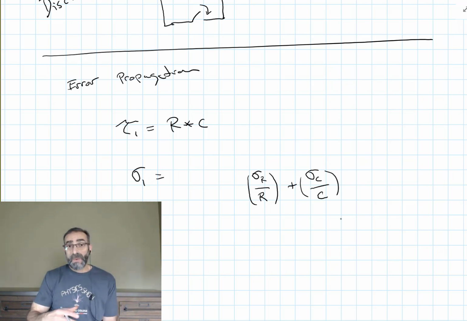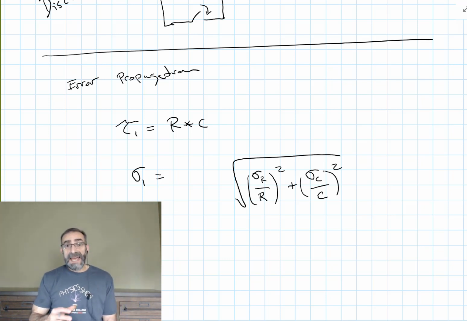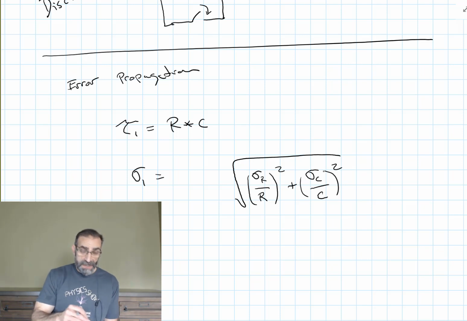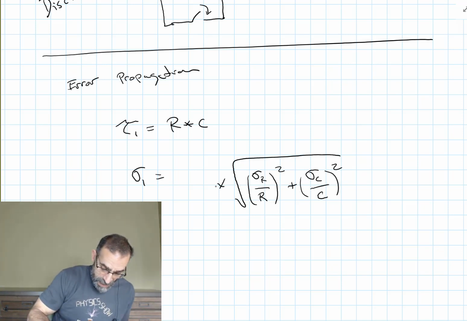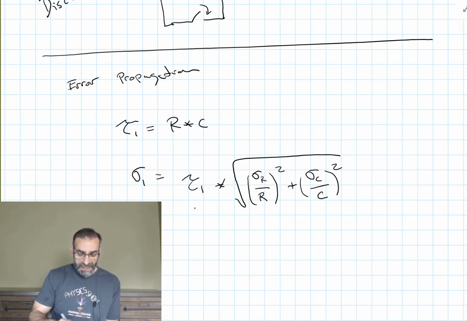We square them, we add them, and we take the square root. And now we have the percentage error in our time constant. But we don't want percentage error. We want just error with units of seconds, like our time is. So we multiply that by tau 1, and that gives us our uncertainty in tau 1.